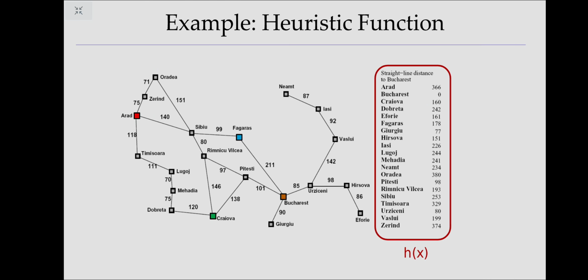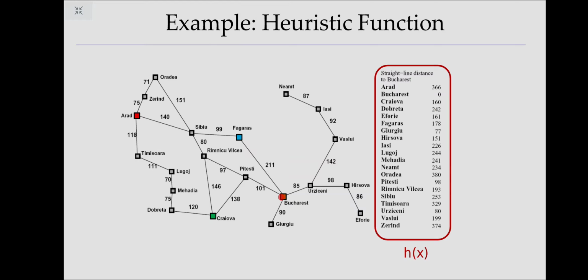Another example. We come back to the Romania roads. We add a new table containing two columns. In the first column, the names of the cities are saved. In the second column, the straight-line distance between any node and Bucharest is saved. This means that we have started from Bucharest. The estimation of distance between Bucharest and itself is 0.